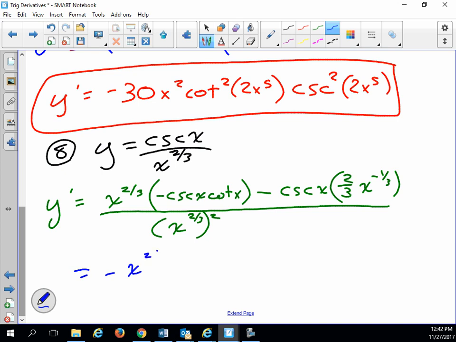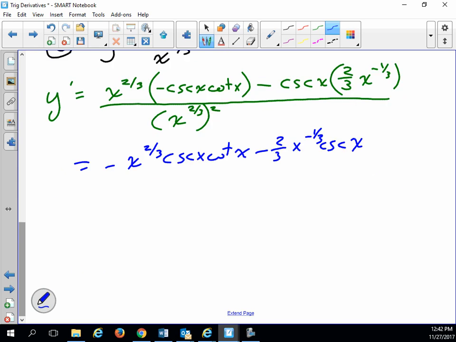Negative x to the 2/3 cosecant x cotangent x minus 2/3 x to the negative 1/3 cosecant x all over x to the 4/3.